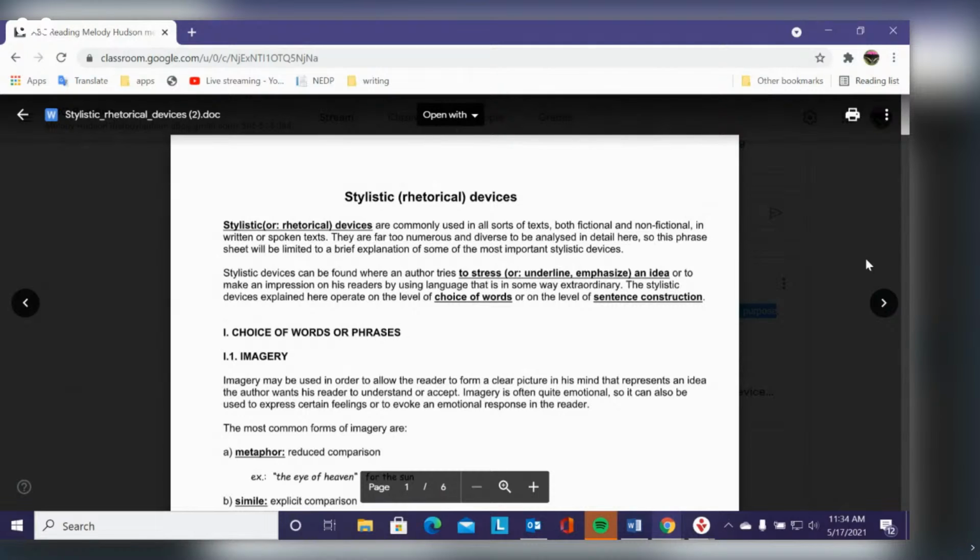They are used where the author wants to stress, underline, or emphasize an idea to make an impression on the readers by using language that is out of the ordinary. The devices here operate on the level of the choice of words or on the sentence construction.